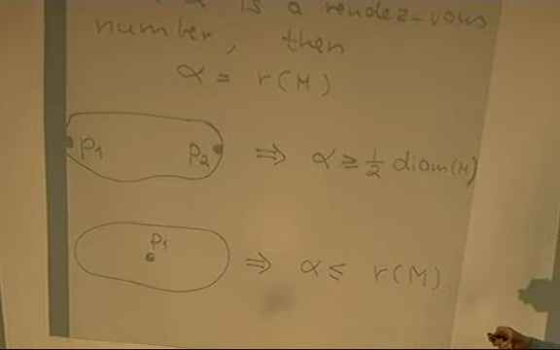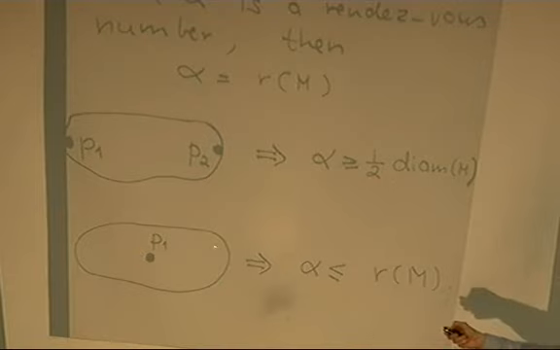You could also look at the center. Put a point P1 in the center and look at another point Q. What is the average distance from Q to this point? Well, that's just the same as the distance from Q to this point. Well, that's at most the radius. And this means that the rendezvous number must necessarily be at most the radius. So if it's at least half the diameter, in general it's at most the radius, and if these two numbers are equal, we know the rendezvous number.